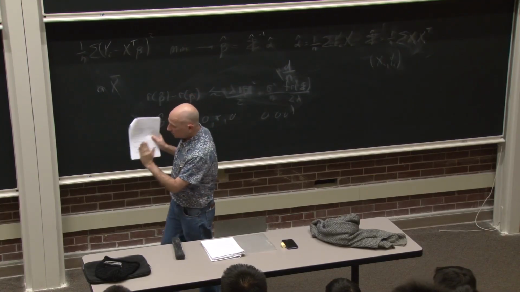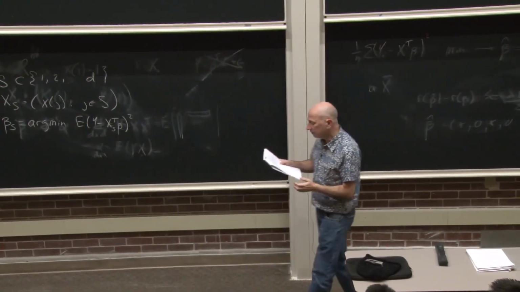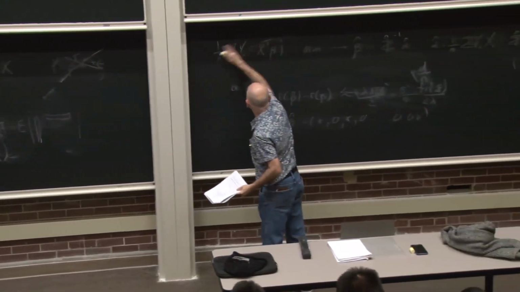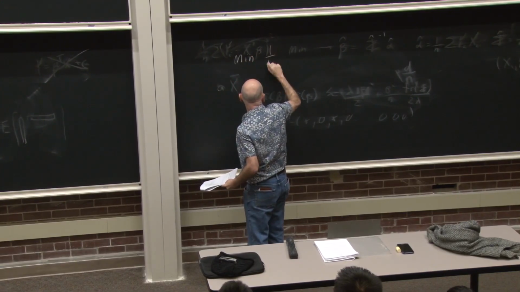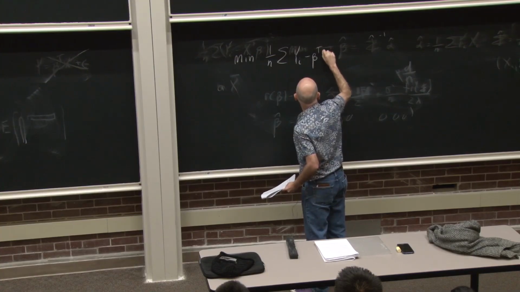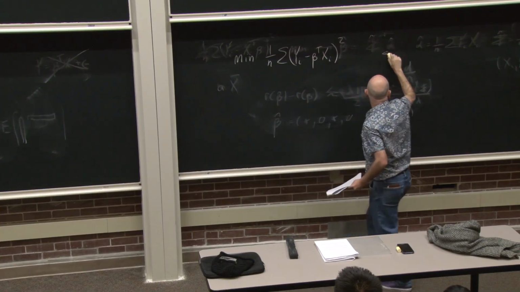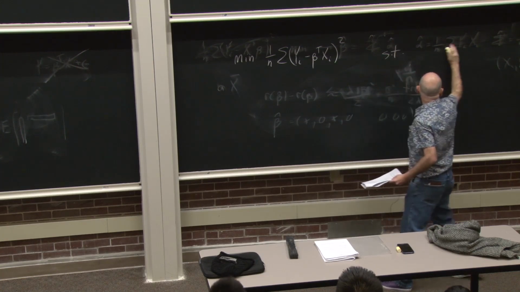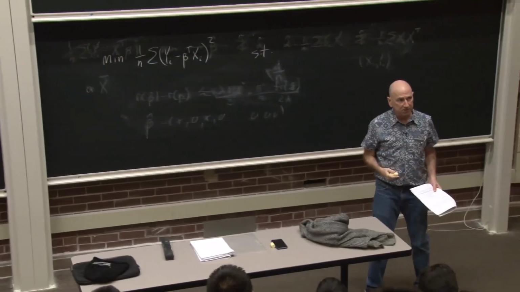So I want to regress on some 10 covariates. We know how to do that, but how do we pick them? So the natural thing to do would be to minimize the training error but subject to the constraint that the beta you choose can only have 10 non-zero elements.